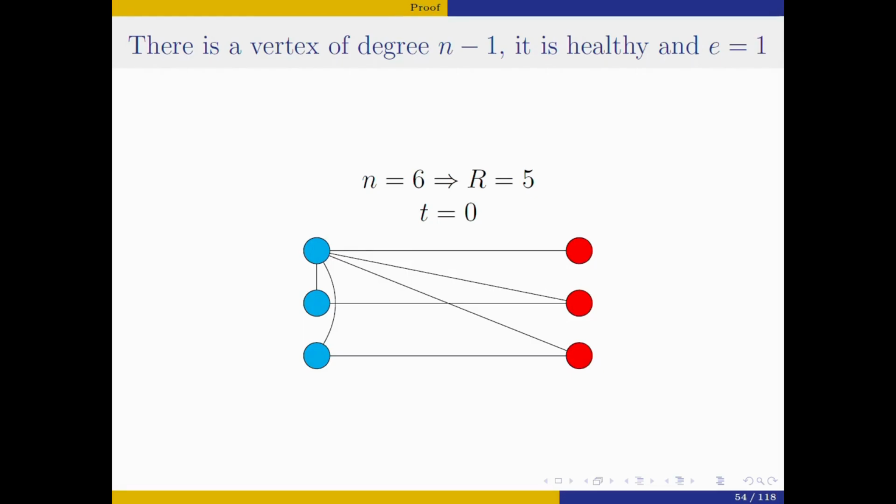Now, we have the case when there is a vertex of degree n-1, it is healthy, and e is equal to 1. The constant e is the maximum distance from a healthy vertex to an infected one. In this example, we have a graph of 6 vertices and r is equal to 5, where the vertices on the left are healthy and those on the right are infected.